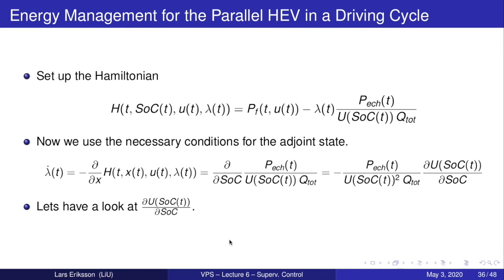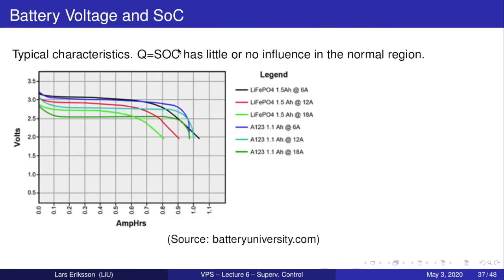So let's look at that function now. Typical characteristics, we see that Q or state of charge has little or no influence on the voltage in the nominal operating region. So if we're operating here, we see no variations in the voltages.